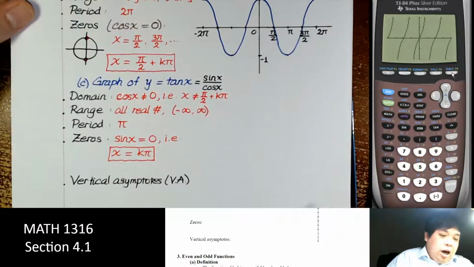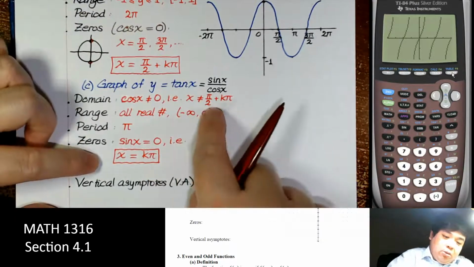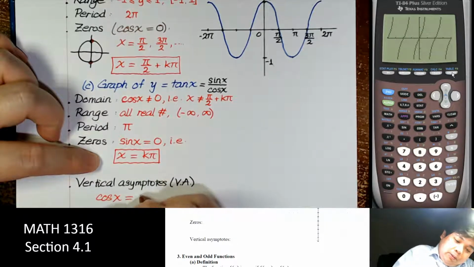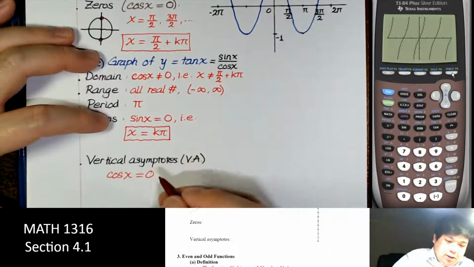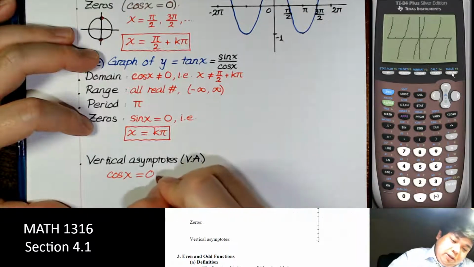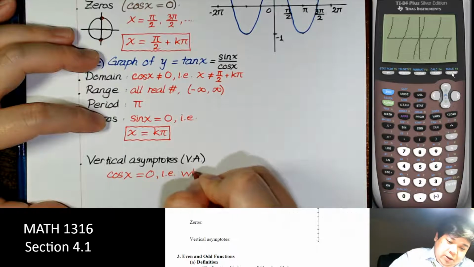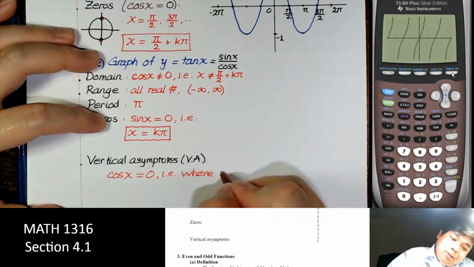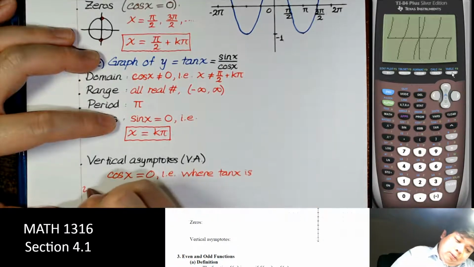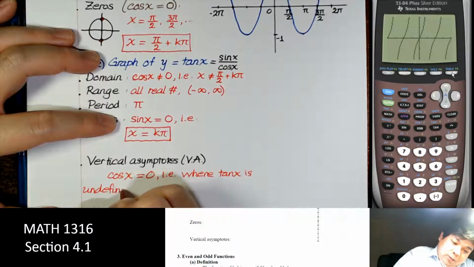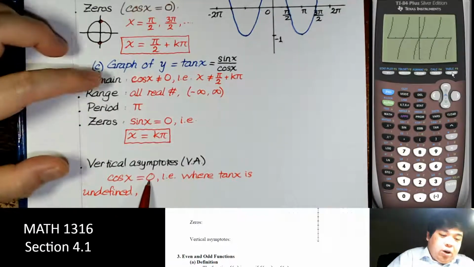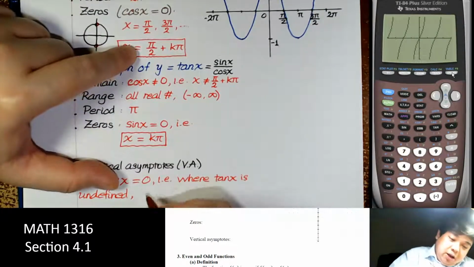And then the asymptote. The asymptote is where the function is undefined, so it's going to be pi over 2. It's going to be this. The asymptote is where the function is undefined, and cosine equals 0 when we have pi over 2 plus k pi.